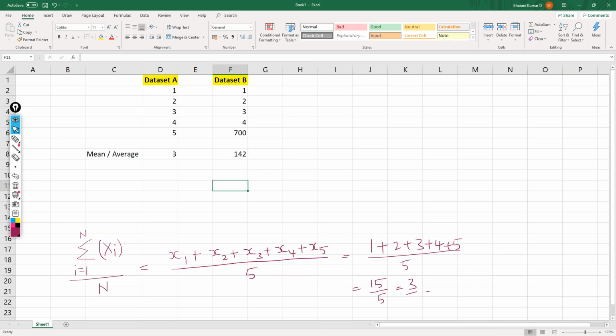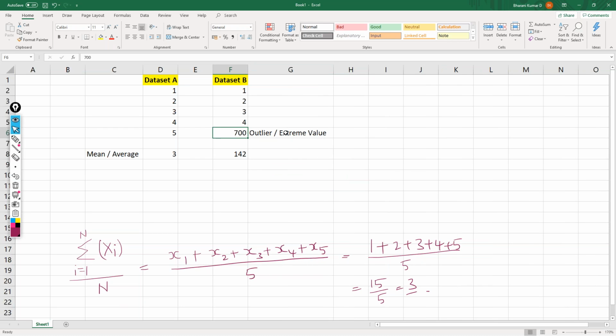All right. So it's 142. It's going to be 142. Why is it such a big number? Because of this 700, and this 700 is called as an outlier or extreme value.